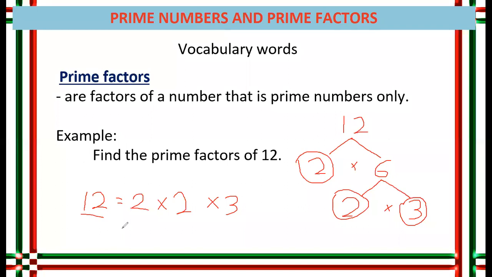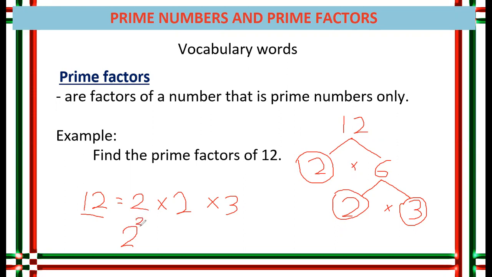Now, we can express 2 times 2 also as powers. So how many times did we multiply 2 by itself? 2 times. So since we have multiplied 2 times 2 twice, we have to put a power of 2.